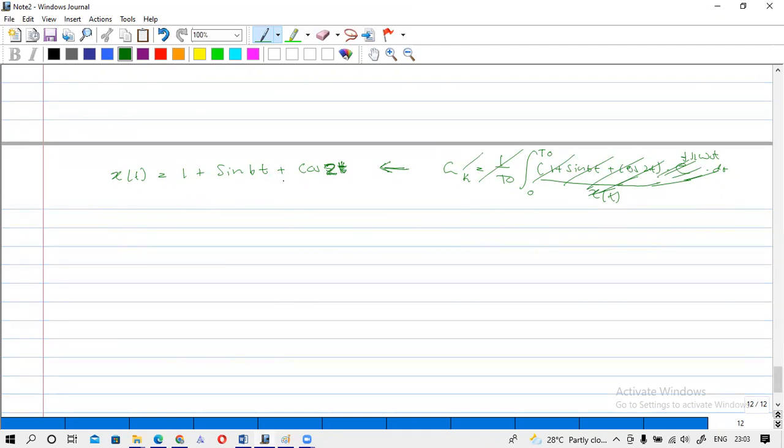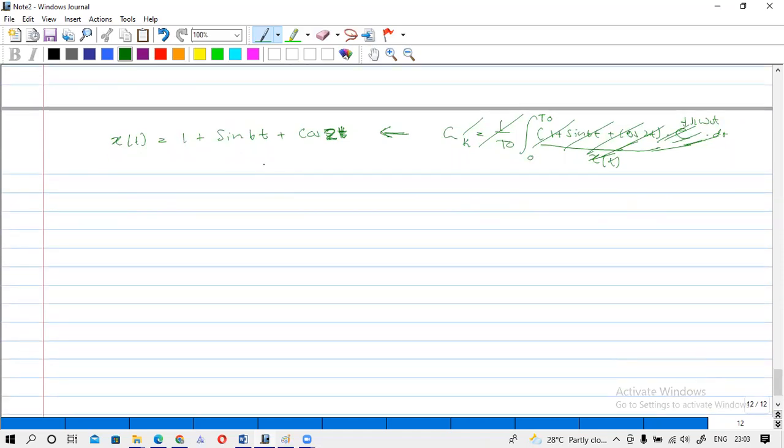So now you have to go back to your LO1 content to find whether the composite signal is periodic or not. What is the procedure? This kind of thing we have done in our LO1 content: find the period of a composite signal.